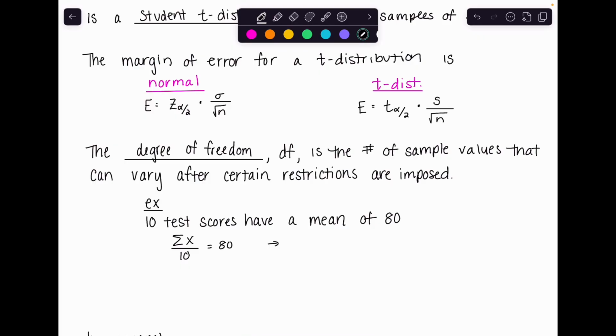So ultimately, if you were to solve for this sum, you would multiply both sides by 10. That tells you when you sum up these 10 data values, it better equal 800, okay? So this tells me how many things I can freely assign. I can willy-nilly pick whatever I want for 9 test scores.